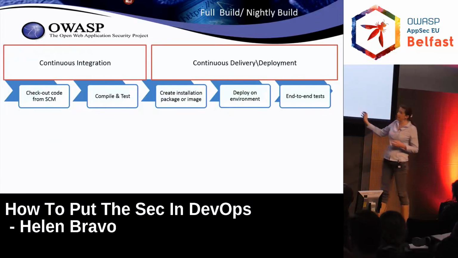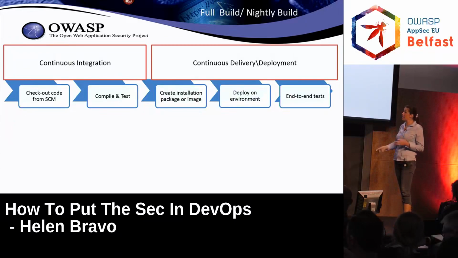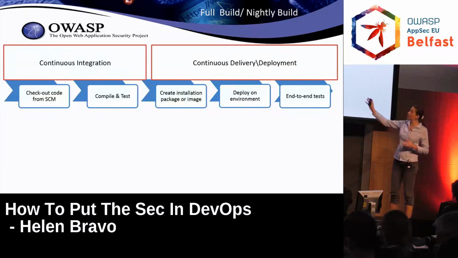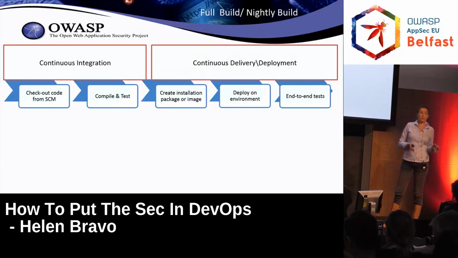And it doesn't really matter here whether the CD is continuous delivery or continuous deployment. So what happens here? We have the checkout, the compilation and the unit testing. That's continuous integration. Continuous integration is the first step where you can start implementing the security policy.